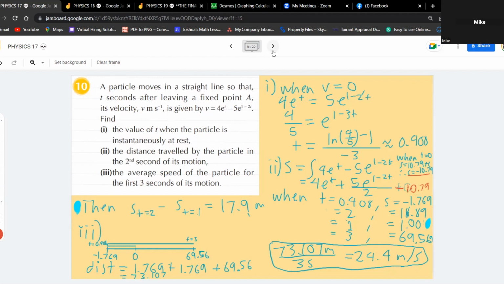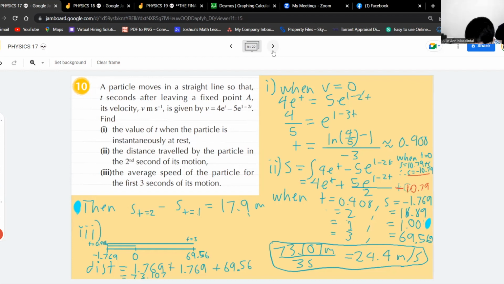Nakuha ba yung ano? Kaya gusto lang makita yung, so dapat, okay, negative. Tapos magkakaroon ng reversal at, ano to?